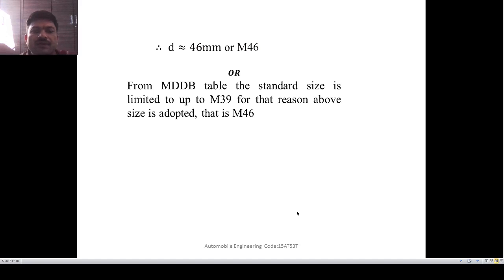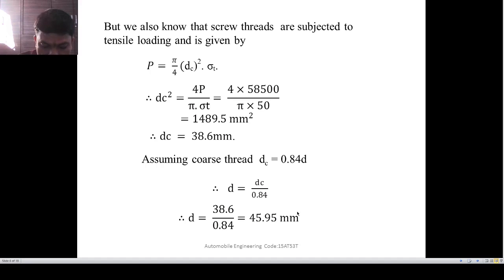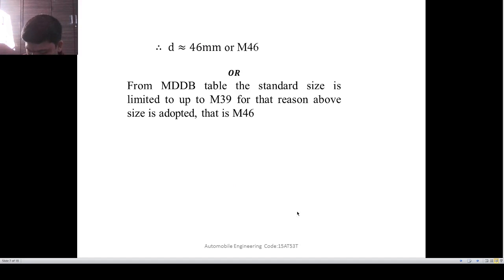Otherwise you can also refer to the metric series, where for the core diameter of 38.6 you look for the metric thread of 38.6.